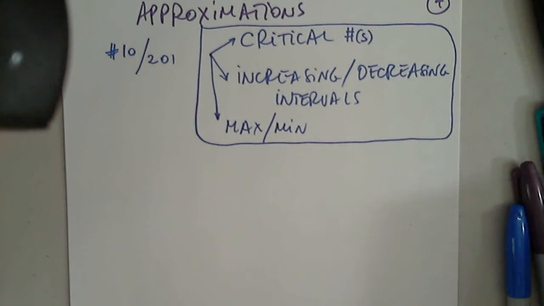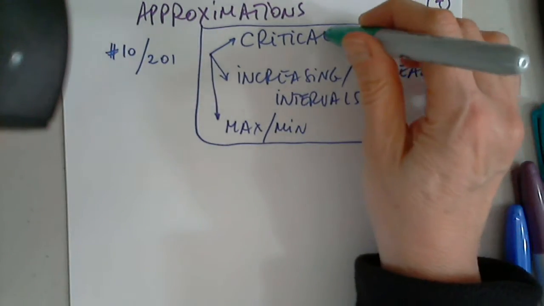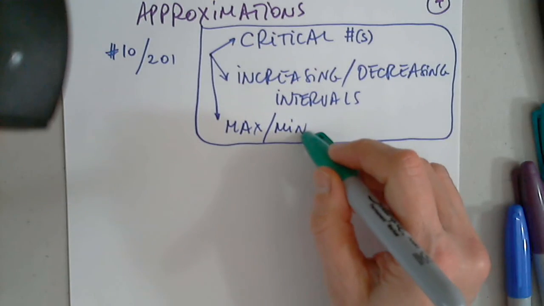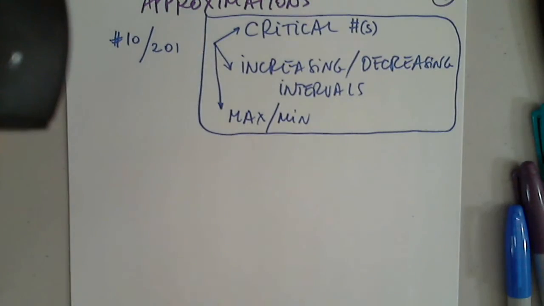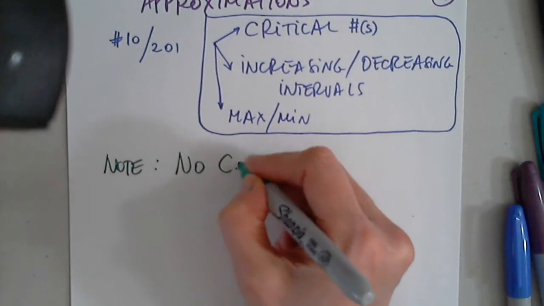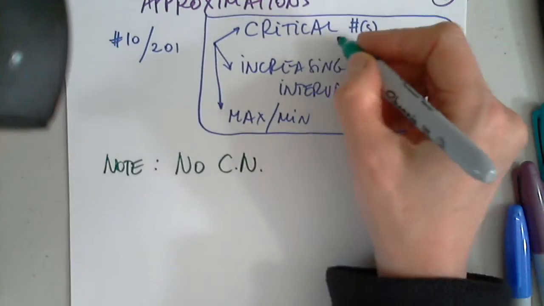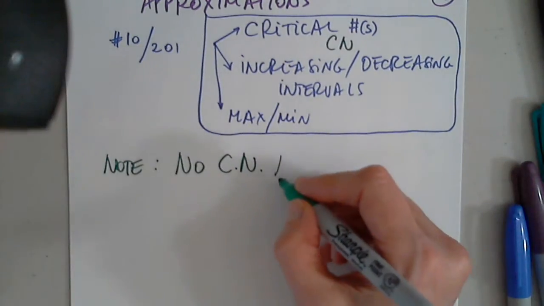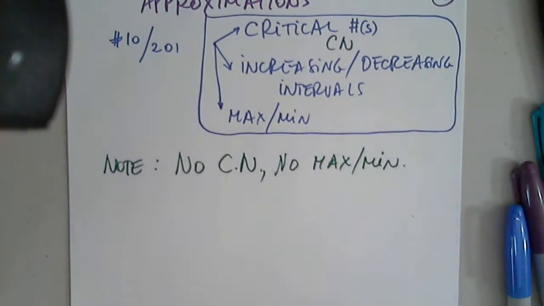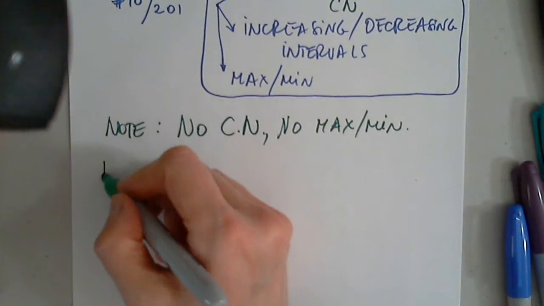Okay, I want to say first, if a function does not have a critical number, it cannot have a max or min. So that's our first note. No critical number, CN, comma, no max min. Here's another note.